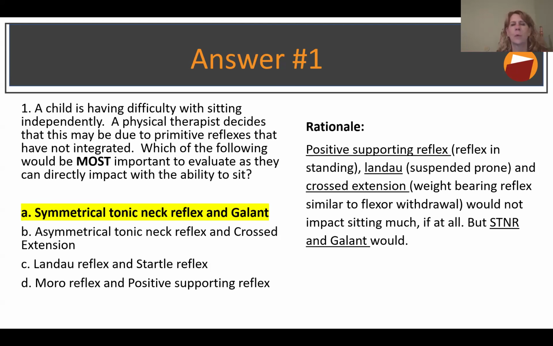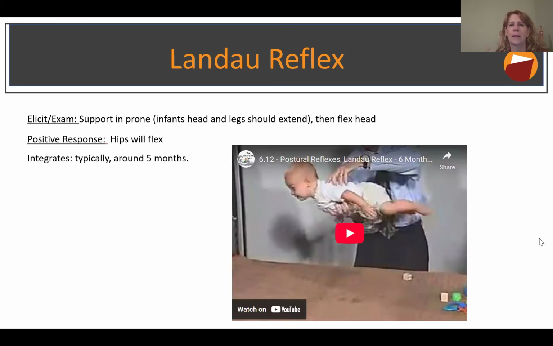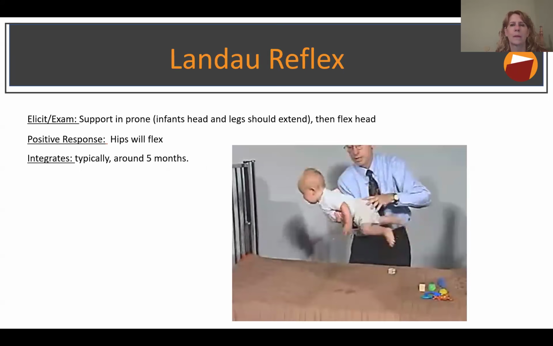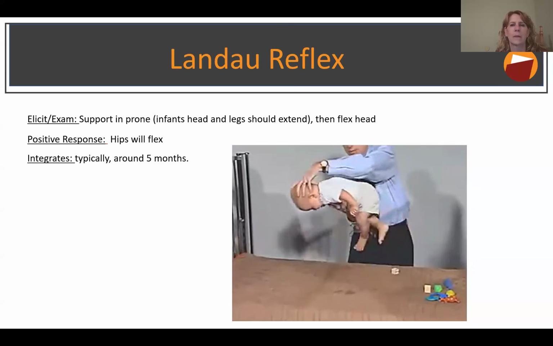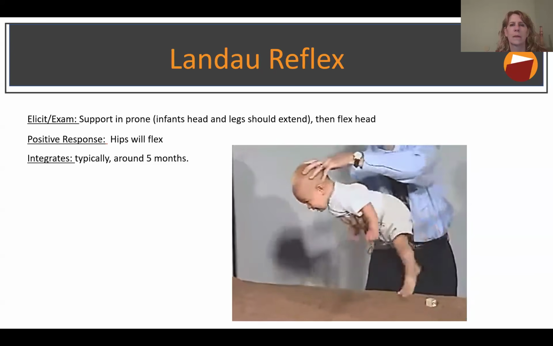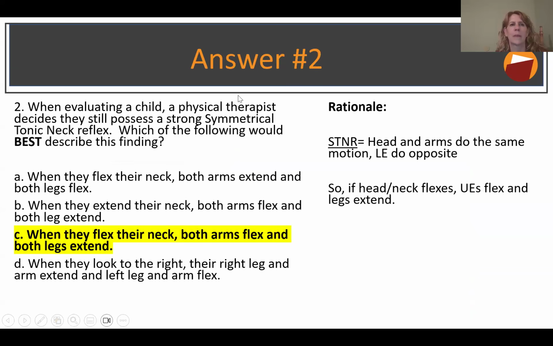So again, we want to pick the 2 that would. Okay. And this is a Landau reflex. Okay, so that's not going to affect sitting.